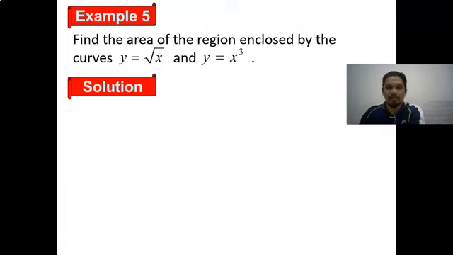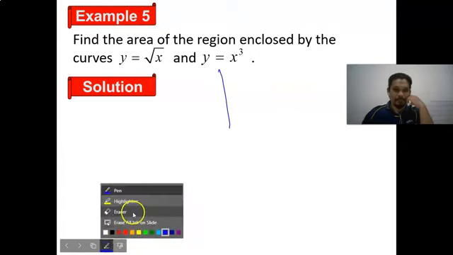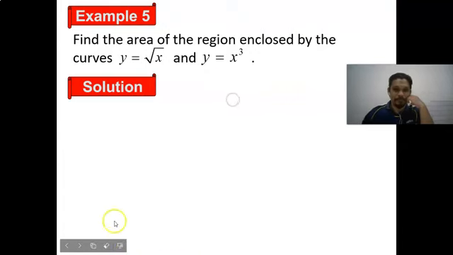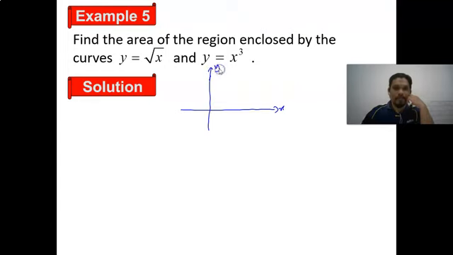Find the area of the region enclosed by the curves y equal to square root of x and y equal to x cubed. Let's sketch again. Sorry. y equal to x cubed, y equal to square root of x. Something like this.